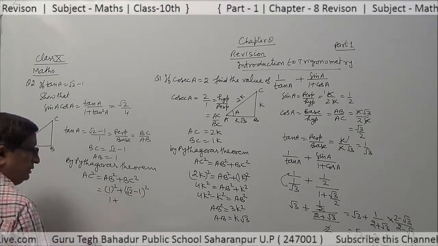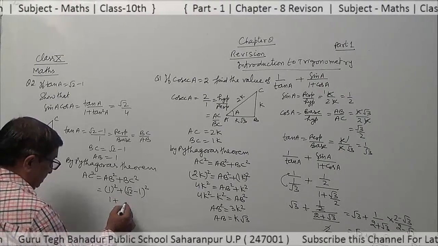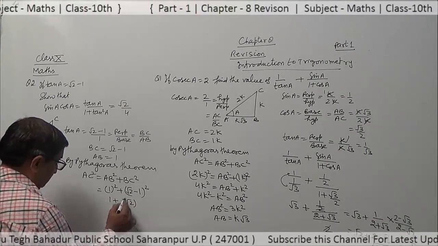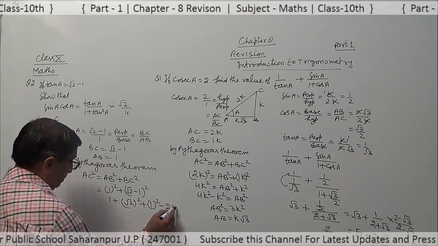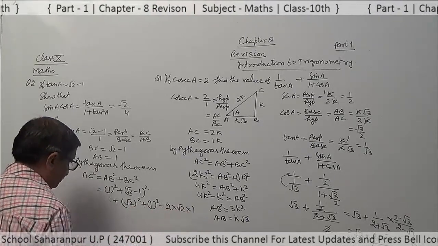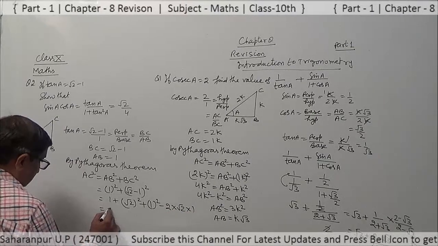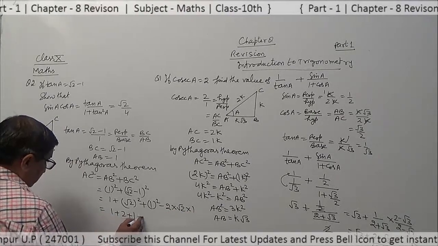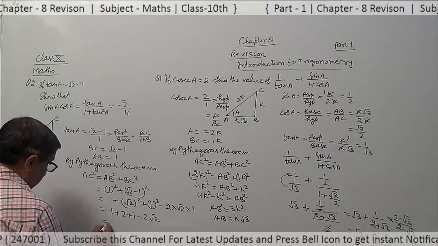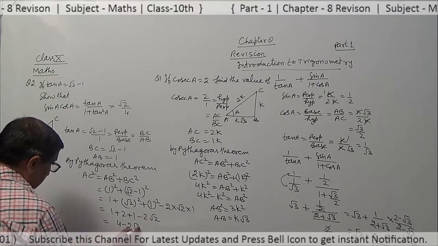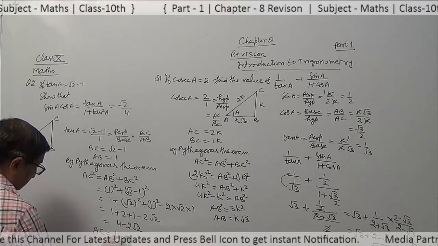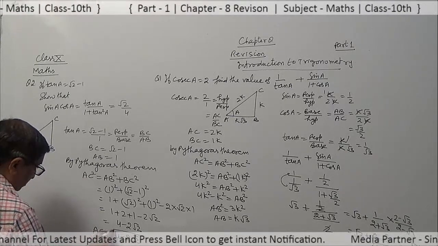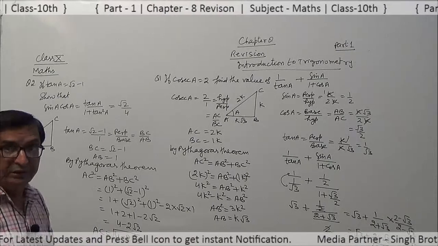One plus, a square plus b square minus 2ab, 1 plus 2 plus 1 minus 2 root 2, that is 4 minus 2 root 2, and AC is root of 4 minus 2 root 2.